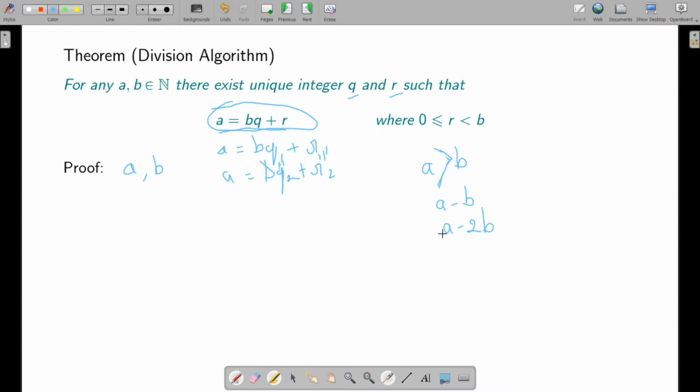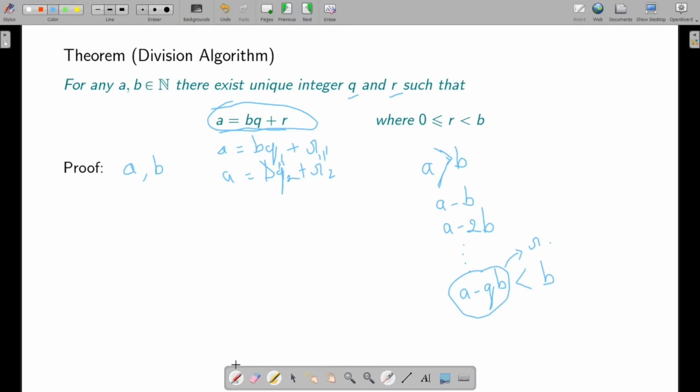You have a, and from that you are continuously subtracting b till a minus, say, qb is less than b. The first time it happens, this will be a positive number. If you do it once more, it will become a negative number. This number will be your remainder, what is left over. This is the basic intuition of the division algorithm.